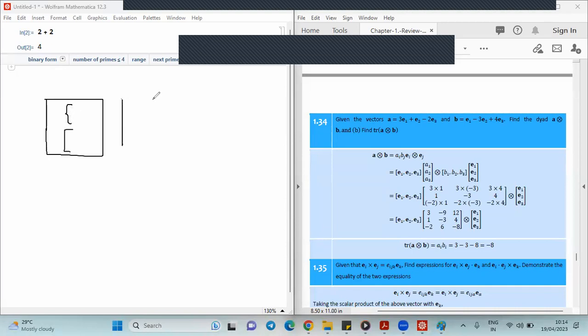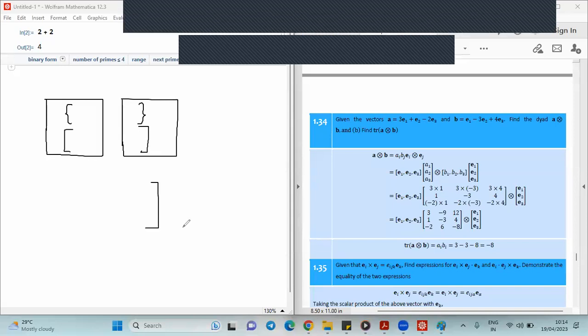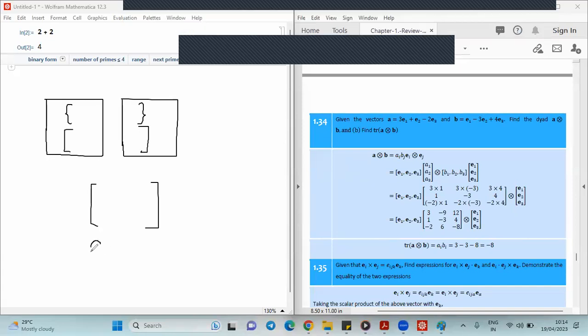Then the next one has the square bracket like that and the curly brace like this. When you press this key without shift, you get the square bracket. But when you press shift and this key, you get your curly brace like that.